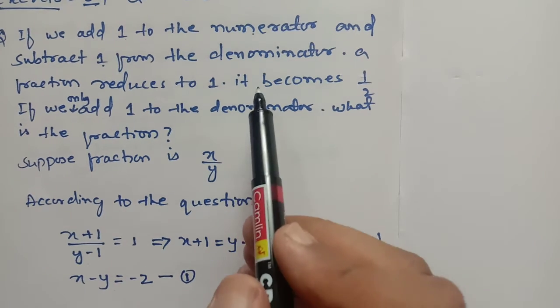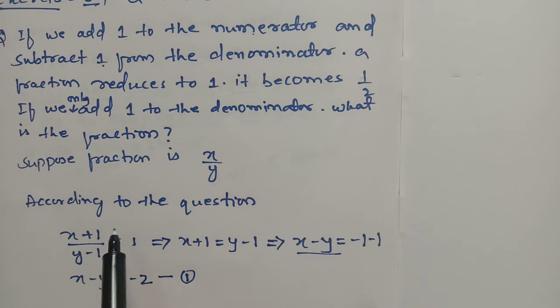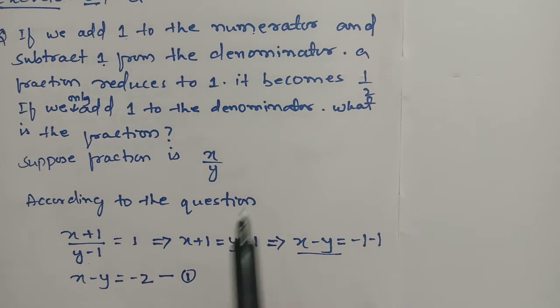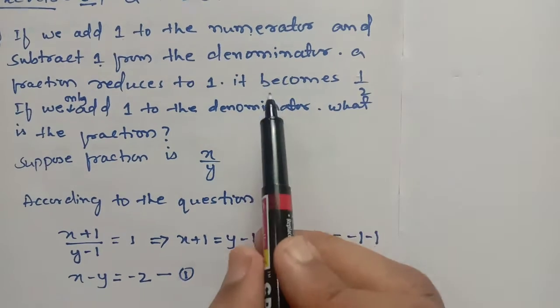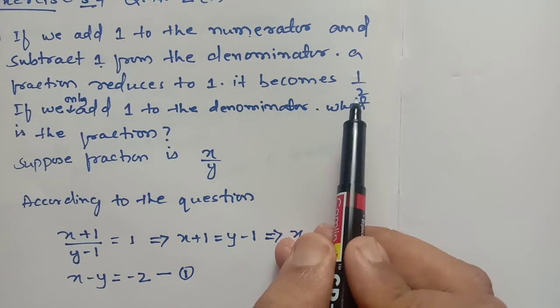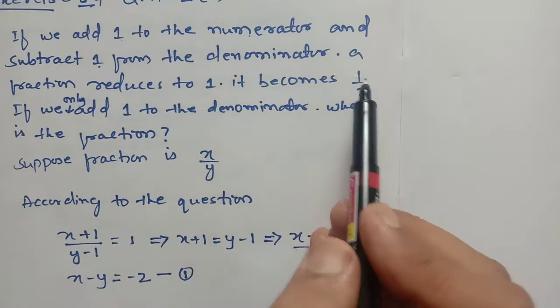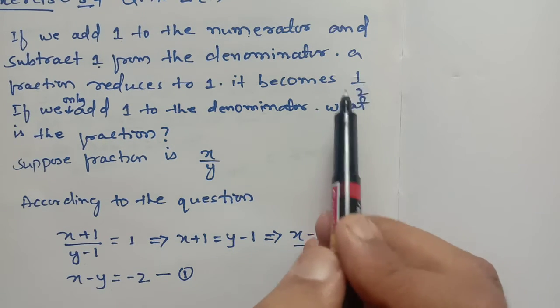Now the second situation, this was the first situation. From the first situation we got this equation. Let's see the second situation. It becomes 1 by 2. It means the fraction is equal to 1 by 2.